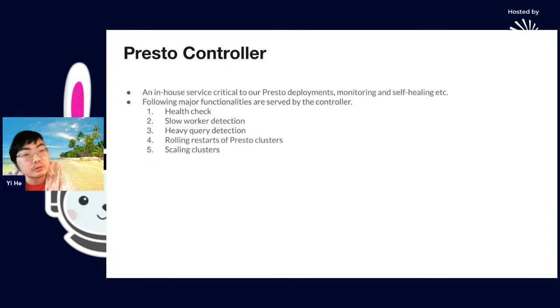It sends out health checks to different Presto clusters. It can also detect slow workers and drain them if necessary. And it can detect really expensive queries that block the cluster and kill them if necessary. It also handles maintenance events like a daily rolling restart of the Presto clusters, and scaling the cluster up and down when necessary.